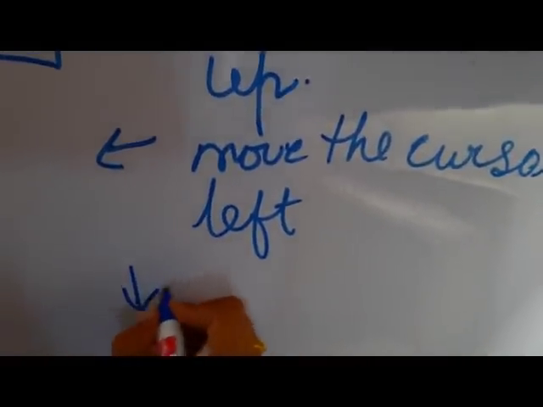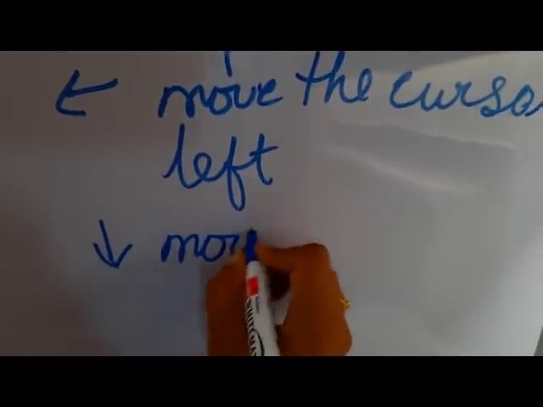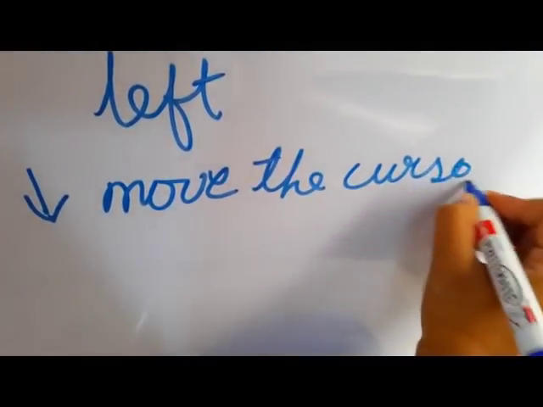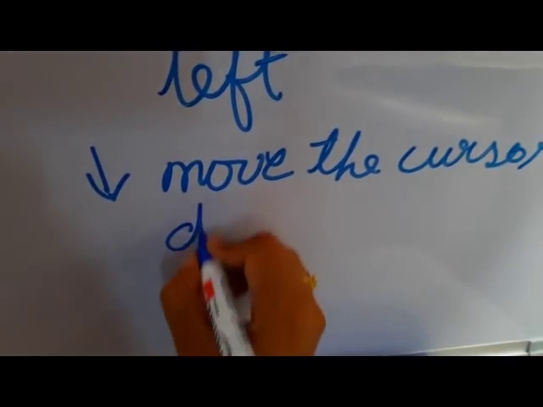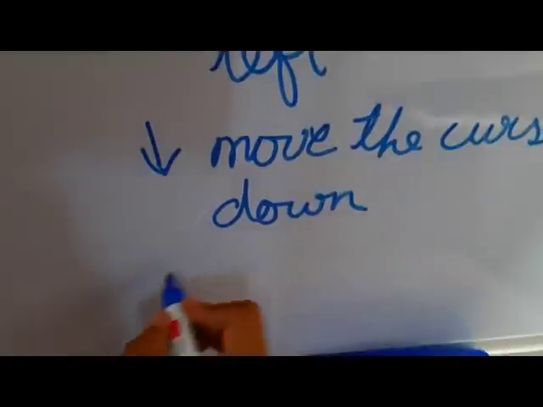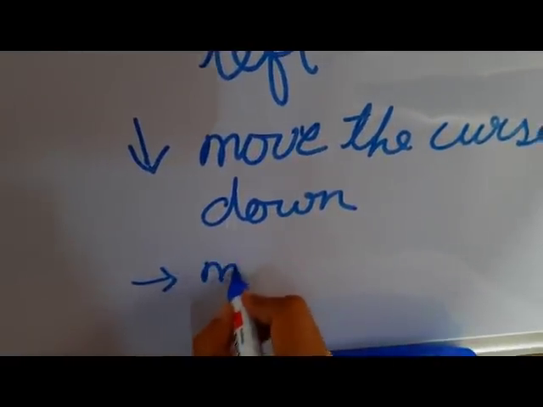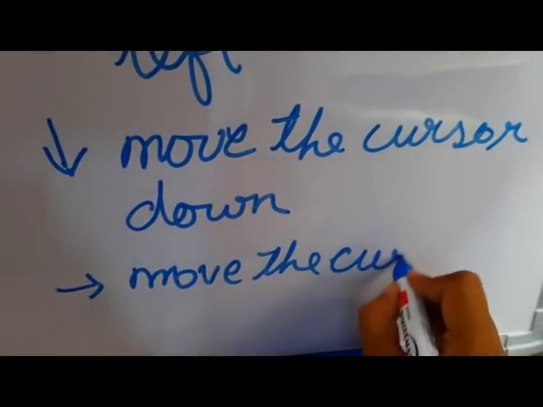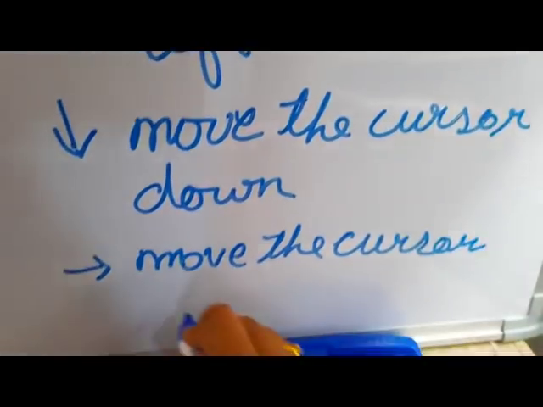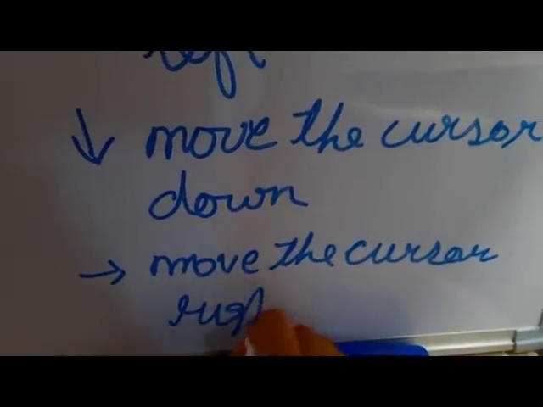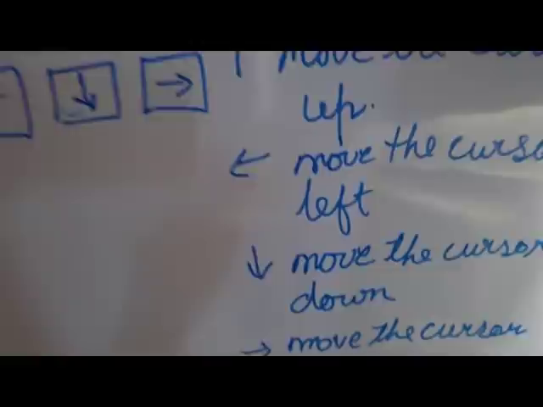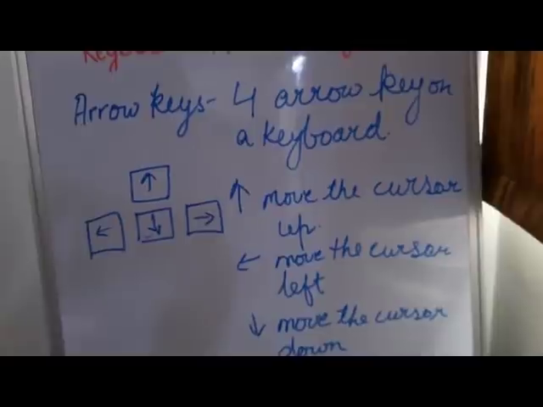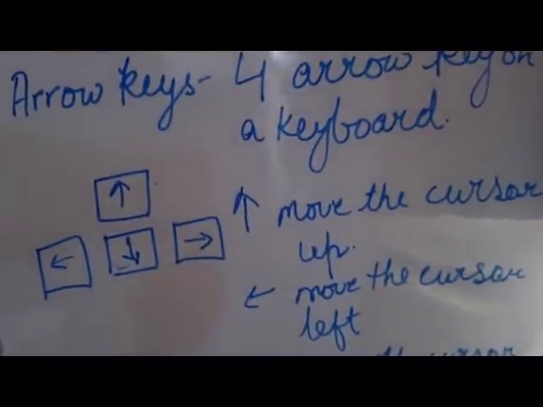Then you have the down arrow. It moves the cursor down. And you have a right arrow which moves the cursor right. So you have 4 arrow keys on a keyboard which help you to move the cursor up, left, right and down.